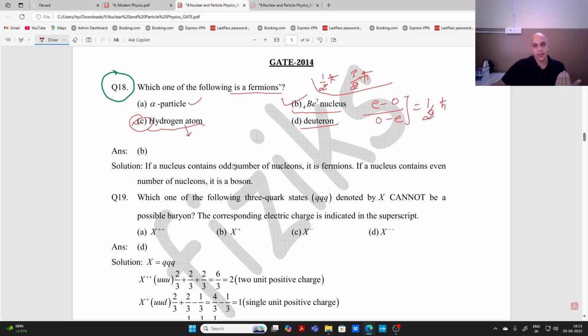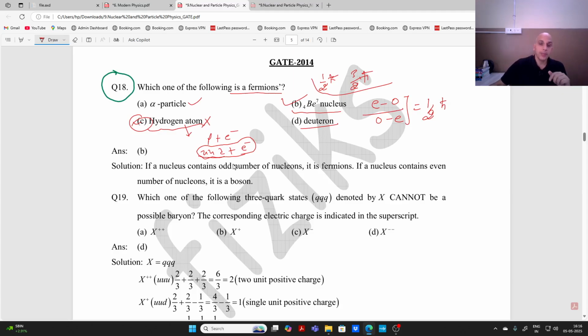Hydrogen atom has one proton plus one electron. The proton has 3 quarks, up, up, down, and 1 electron. So it is a combination of 4 fermions. So 4 fermions when joined can lead to the integral spin, right? So we can't say that this is a fermion, right?